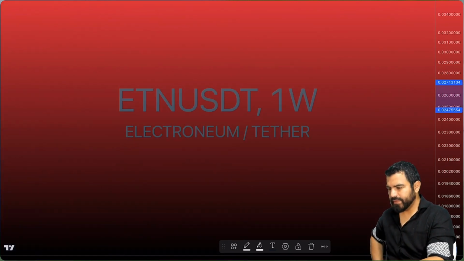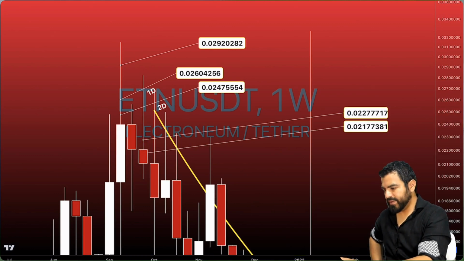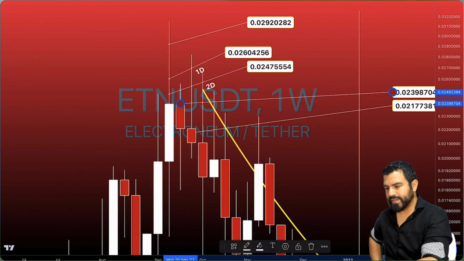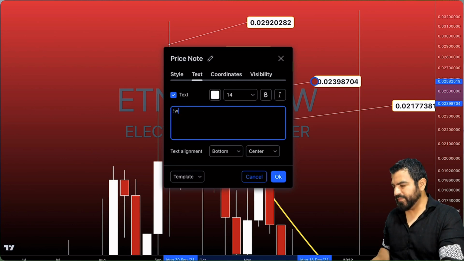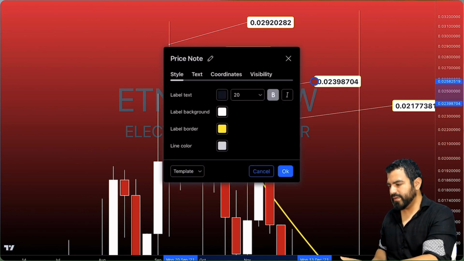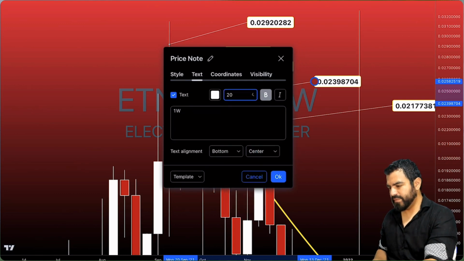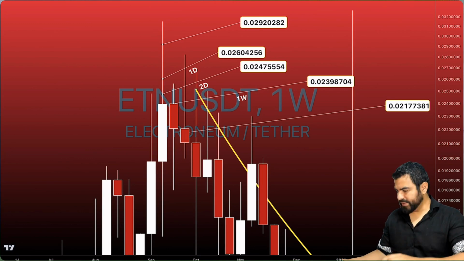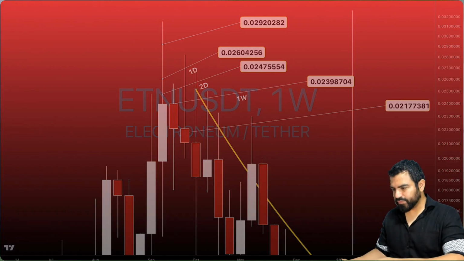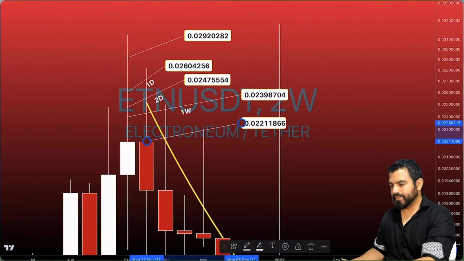Okay. We're going to borrow this one here. The highest core in that area, right here. And I'm going to label it 1 week, or 1W. Okay. Hold on. Size 20. Okay. Now, from here, I go to 2 week, next highest, and it's here.